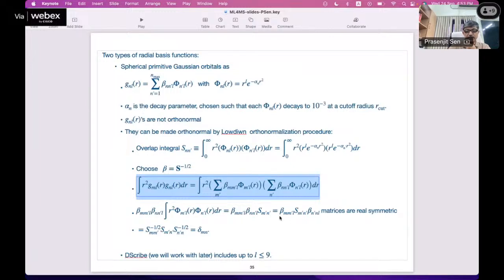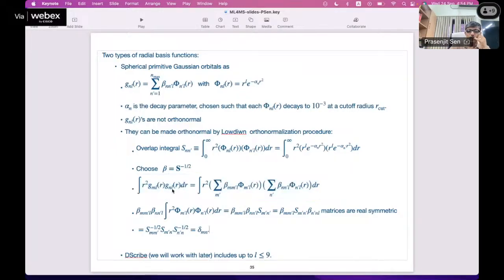And because these matrices are real symmetric, I can just interchange this. So I have beta m m primed here, S m primed n primed here, beta n n primed here, and I have chosen my betas to be S to the 1/2. So when I write that, I just get a delta m n. What that tells me is that the scalar product of two g functions is equal to delta m n, in other words, they are orthonormal. This is exactly what we wanted.